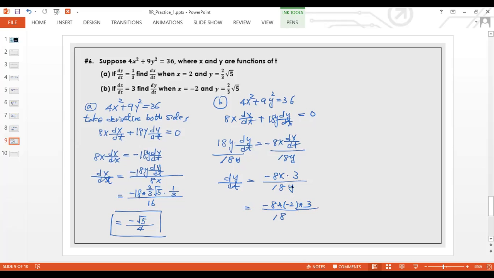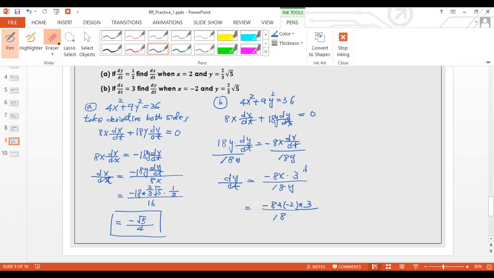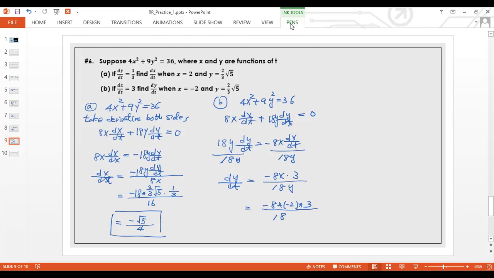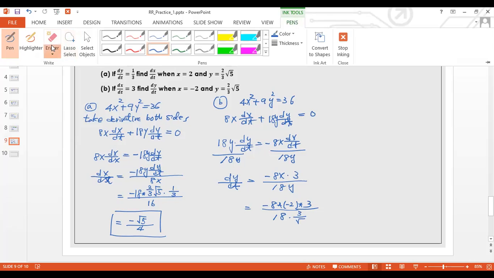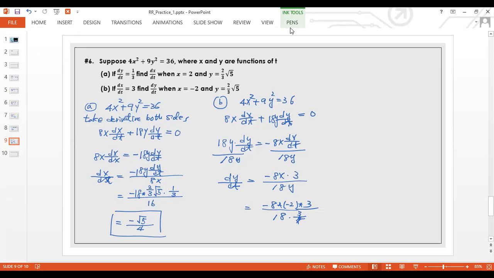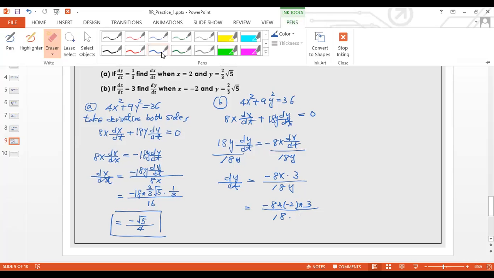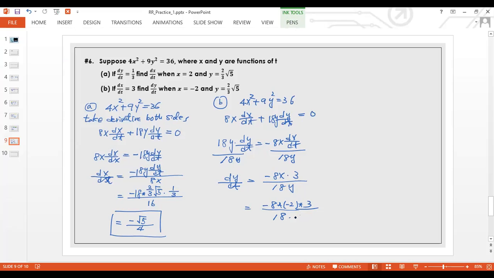The y here is 2 over 3 square root of 5.